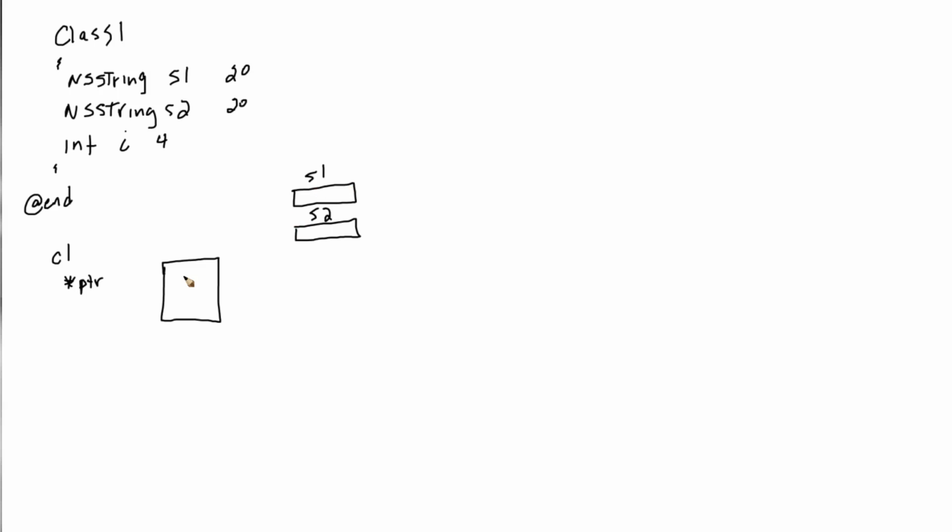So what happens is inside of our class we end up with S1, but it is actually a pointer to the address of, so this is a pointer. S1 points to an area of memory that is holding that particular variable.